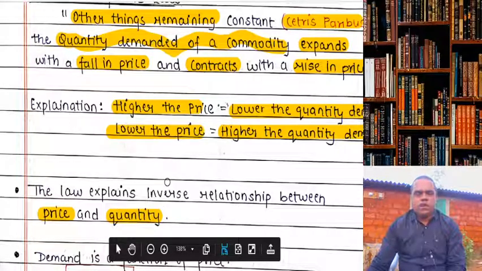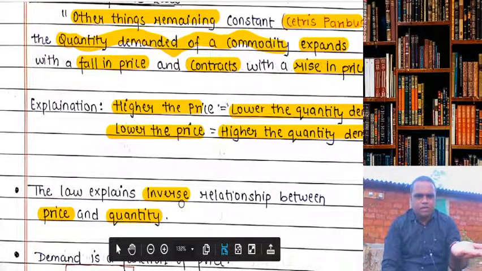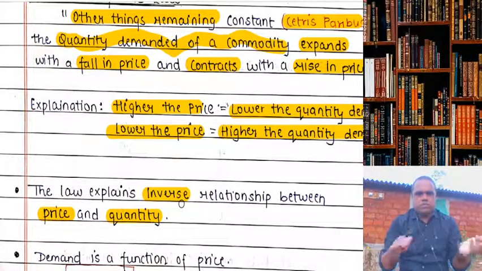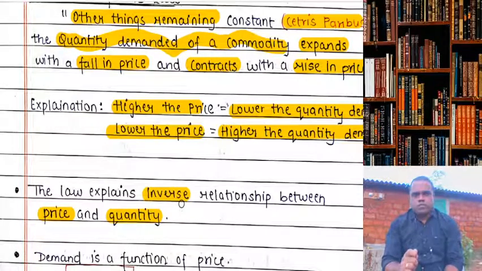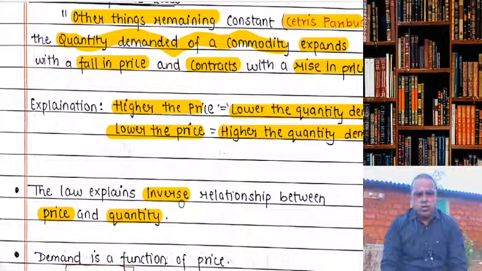Achha, what kind of relationship exists here? There is an inverse relationship. What is inverse, children? Opposite. That means whenever one variable rises, the other variable will automatically slow down, or if one variable falls, the other one has to rise. That's exactly what's known as inverse relationship. So in simple terms, we can put it like this, children, that the law of demand explains the inverse relationship between price and quantity demanded.